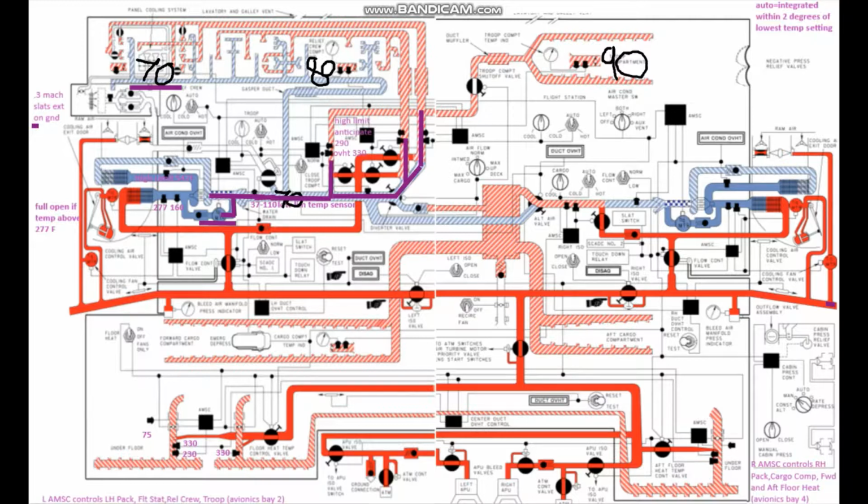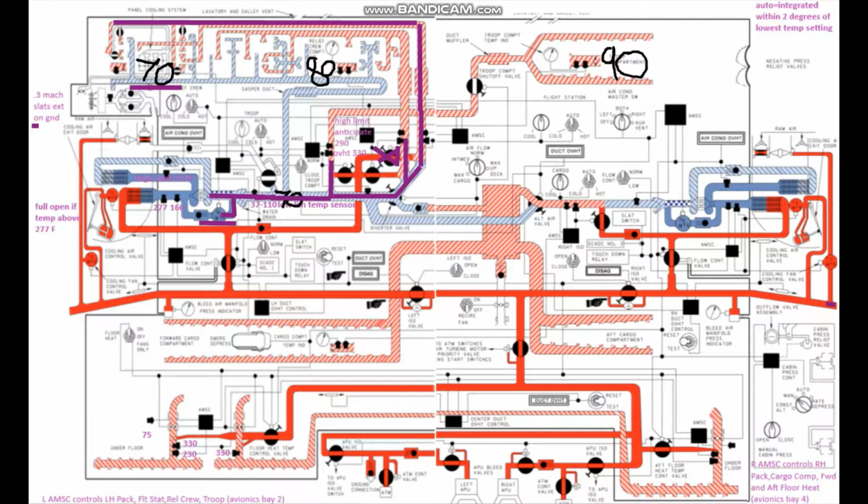So the air that's going to end up going up into the flight deck, out into this ducting, it's going to be 70 degrees. So the temp control valve for that is essentially going to be closed. It's not even going to be used.